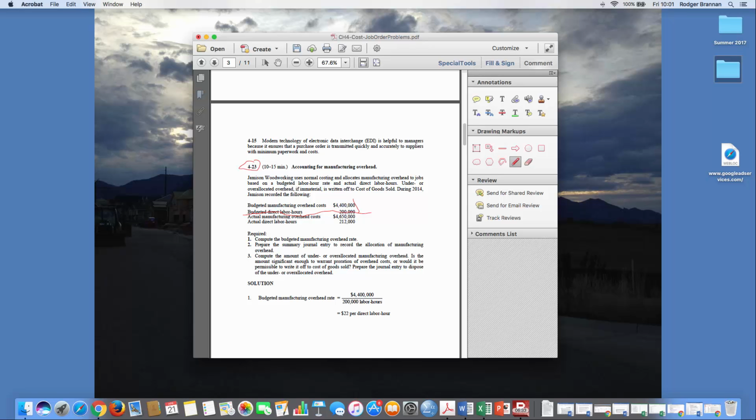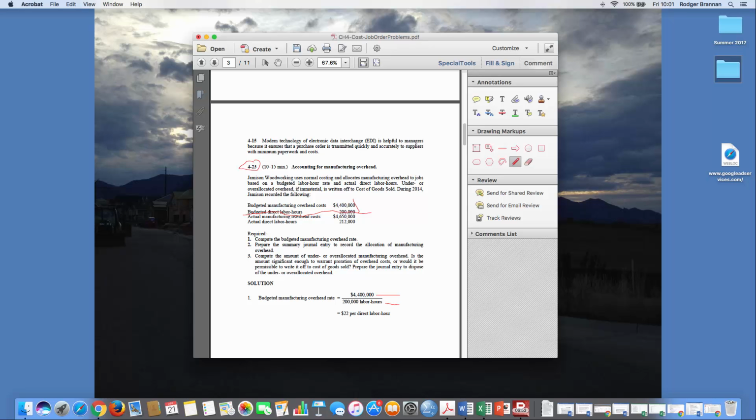In this case, the company says that they're going to use budgeted direct labor hours. Again, these are things that are budgeted. These are things that we are anticipating are going to happen. So my predetermined overhead rate is going to be based on my budgeted overhead and my budgeted direct labor.